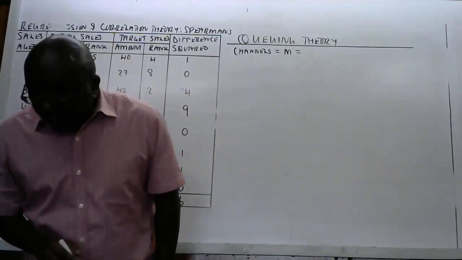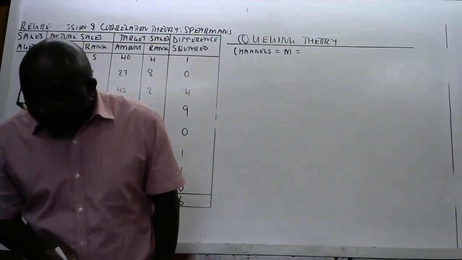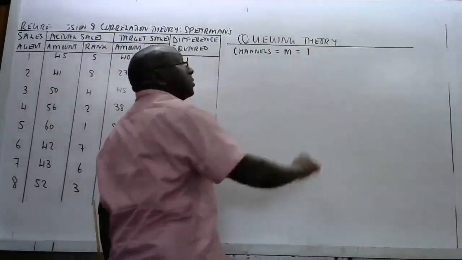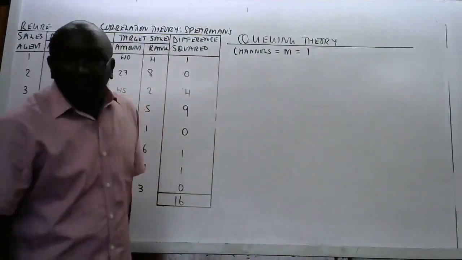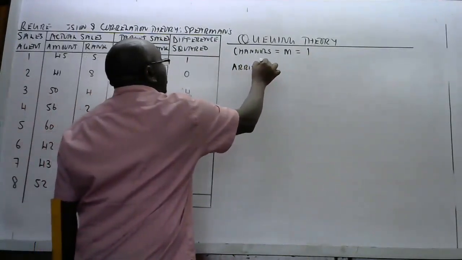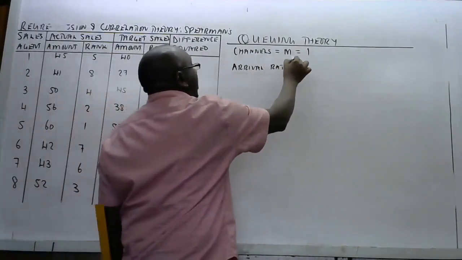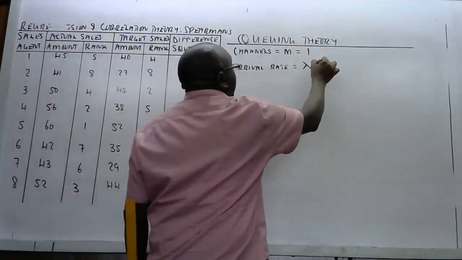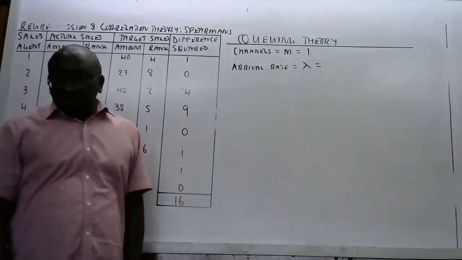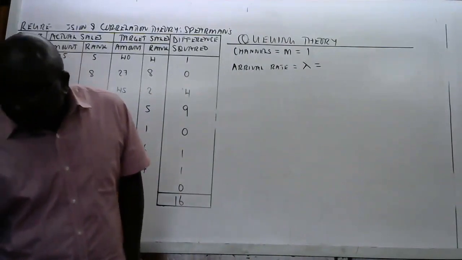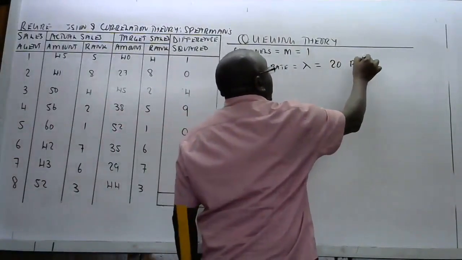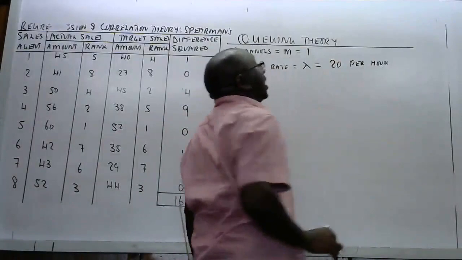So, how many channels or how many counters do we have here? It is 1. Number 2, you must identify what we call the arrival rate. Arrival rate is represented by lambda. So customers are coming in at the rate of what? 20 per hour.